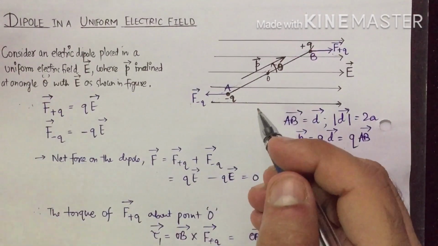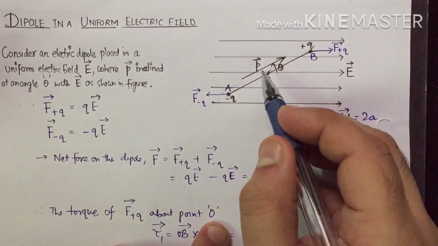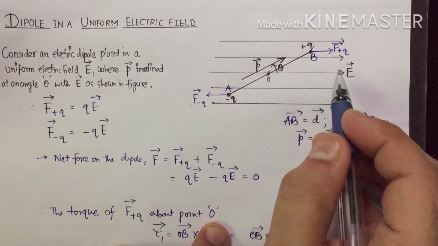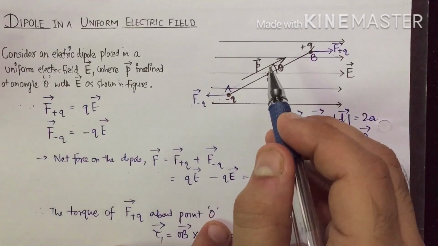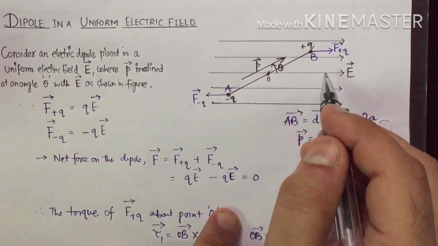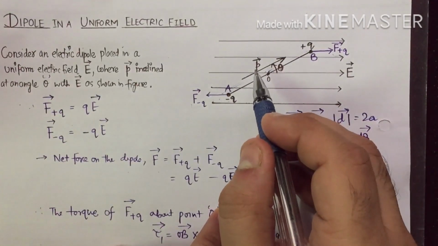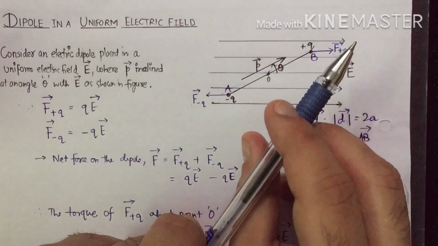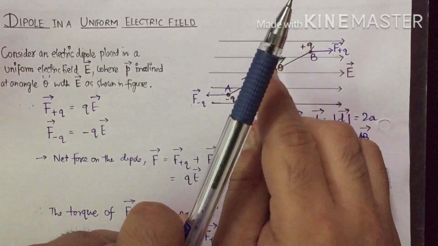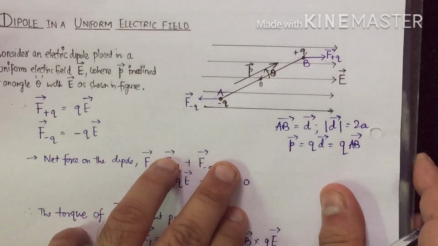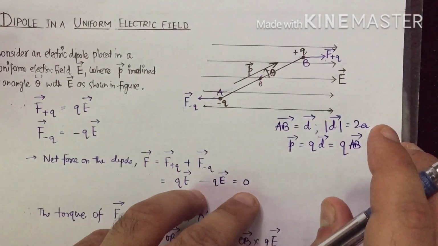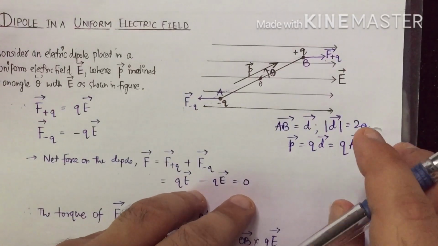So when a dipole moment P vector is kept in a uniform electric field, it will experience a torque which is given by P cross E, and its direction is given by the cross product of P cross E. So if you want to calculate P cross E, you have to use the right hand screw rule.